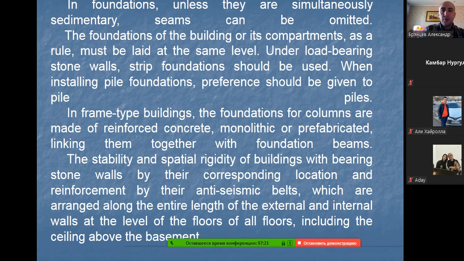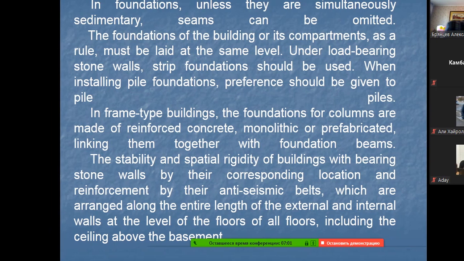The foundations of the building must be laid at the same level. Under the load-bearing stone walls, strip foundations should be used. When installing pile foundations, preference should be given to piles.